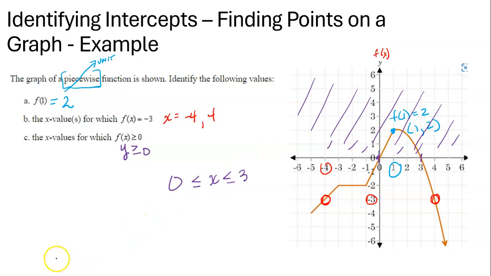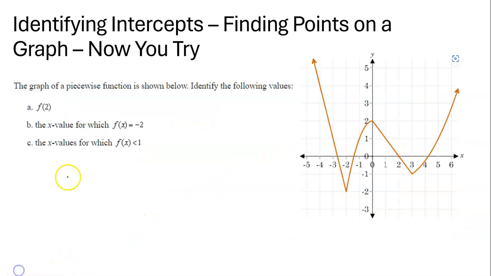Okay. Let's do some more examples. Again, we're not going to worry about that. That's going to come later. f(2). So let's see. f(2). So when x is 2, y is 0. See, when x is equal to 2, y is equal to 0.